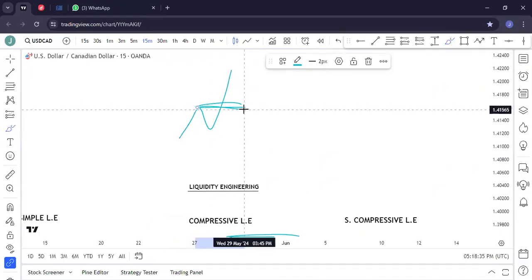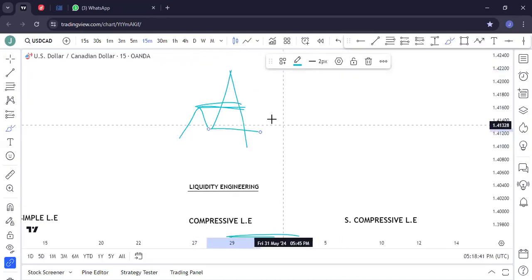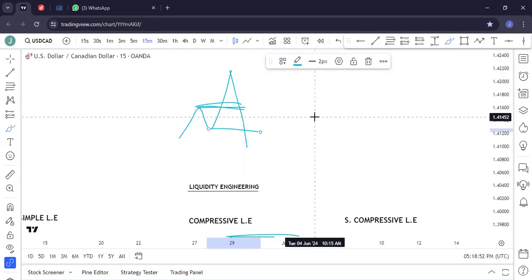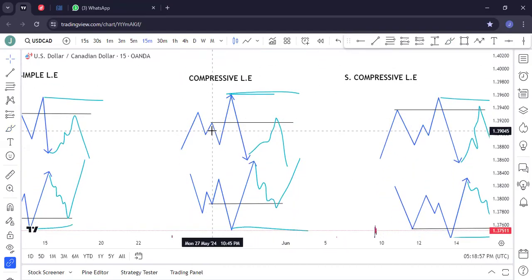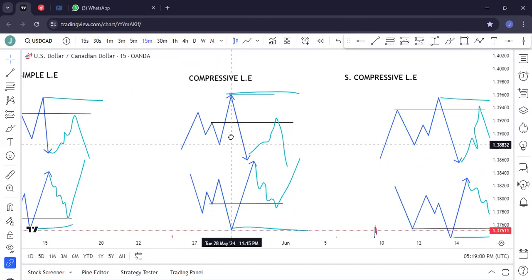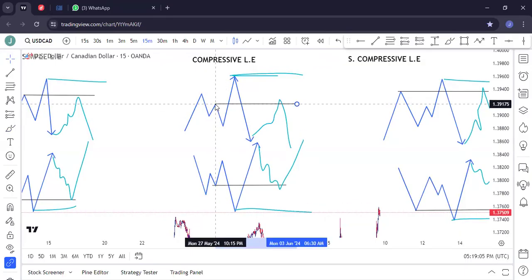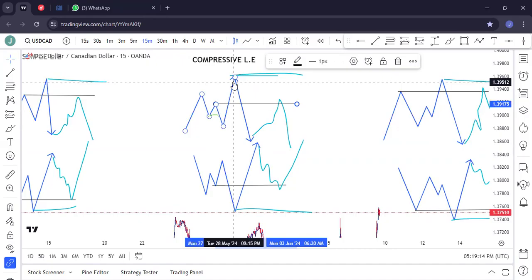This is the break of structure and the change of character. Now, we put the entry at the last break of structure. The last break of structure is where our entry point is. In this case, the last break of structure here was this one. This was the last break of structure here. Then the change of character.